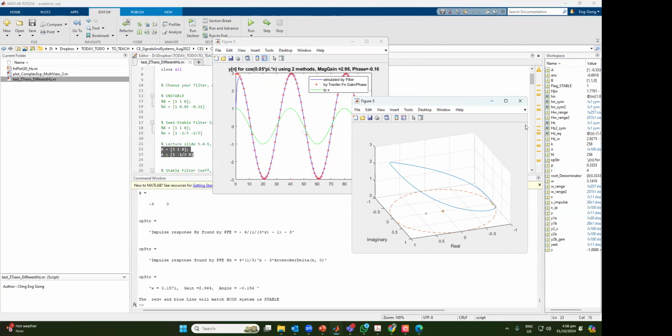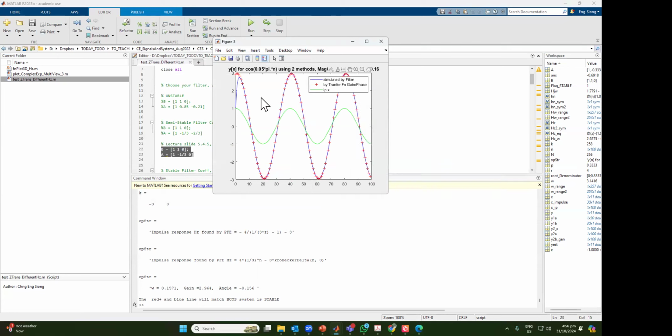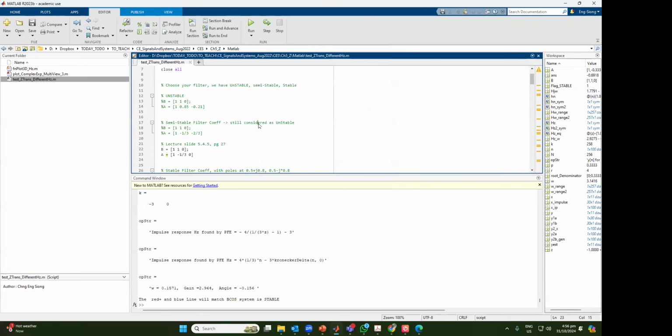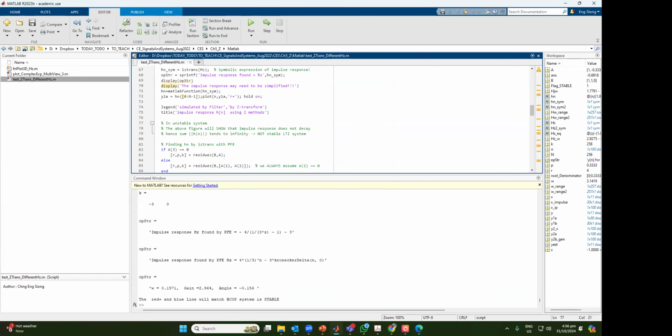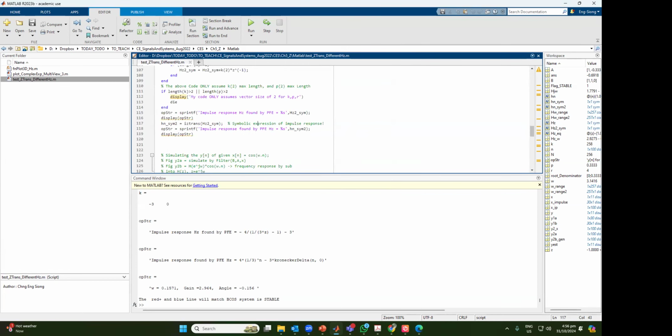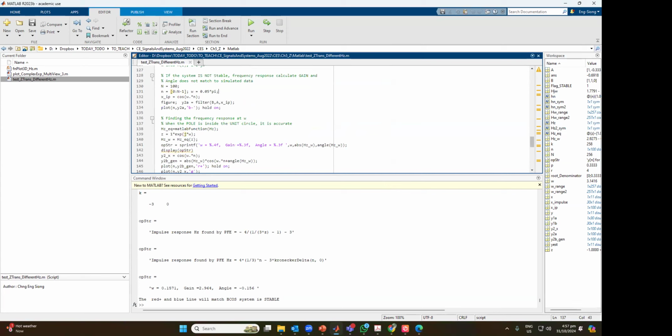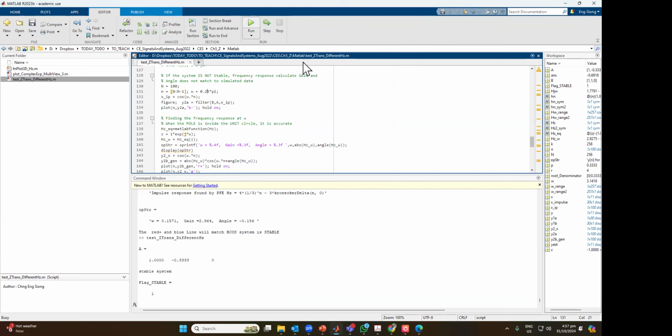All right. What about 0.25 pi? Okay, this is 0.05 pi. I'm going to plot for you 0.25 pi. Where's my 0.25 pi? Here. I'm going to run 100 samples.